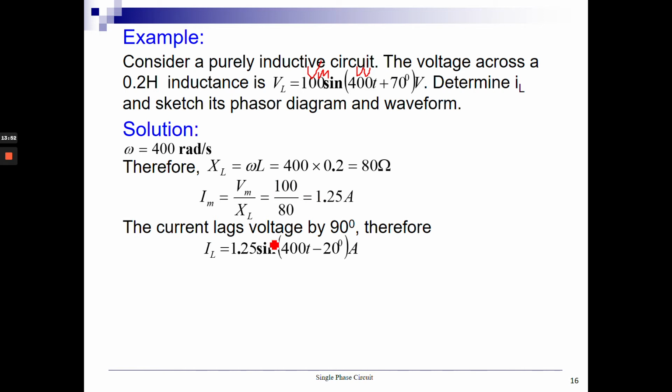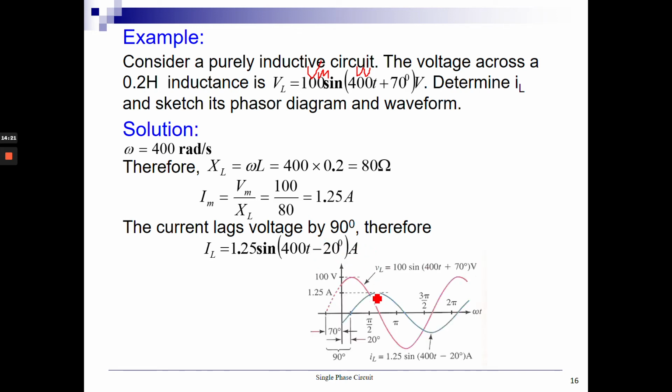So IL equal to, referring to the formula before, Im sine omega t plus or minus theta. Since we know that the current lags voltage by 90, you just minus: 70 minus 90, so that's why you will get negative 20.